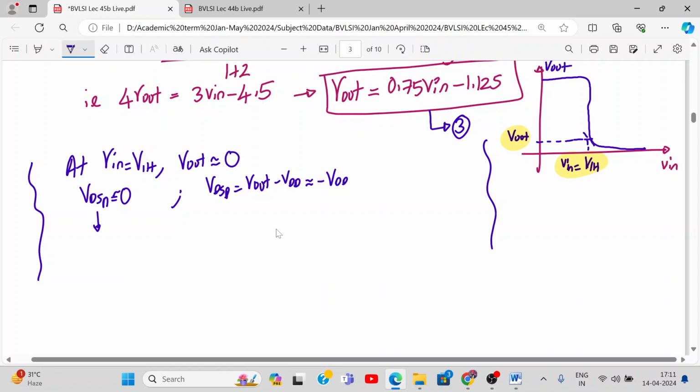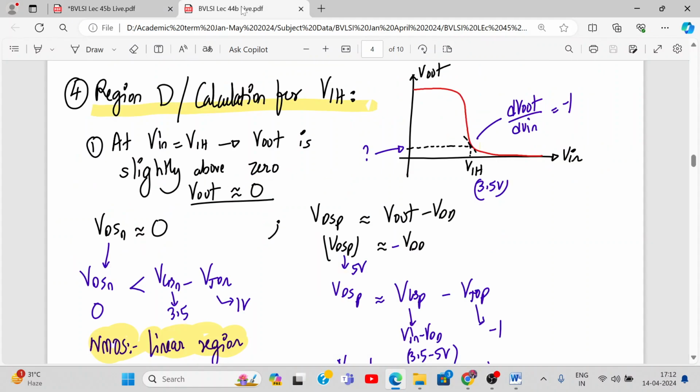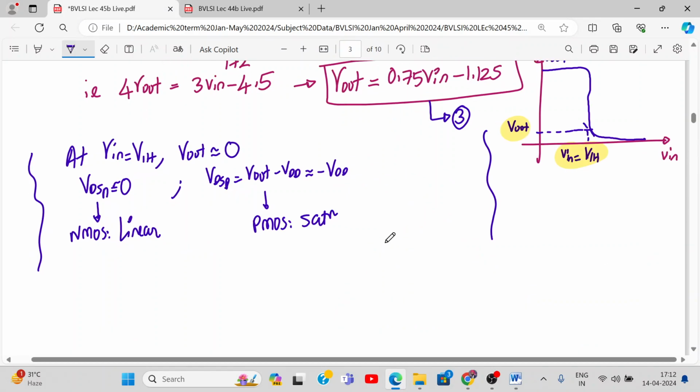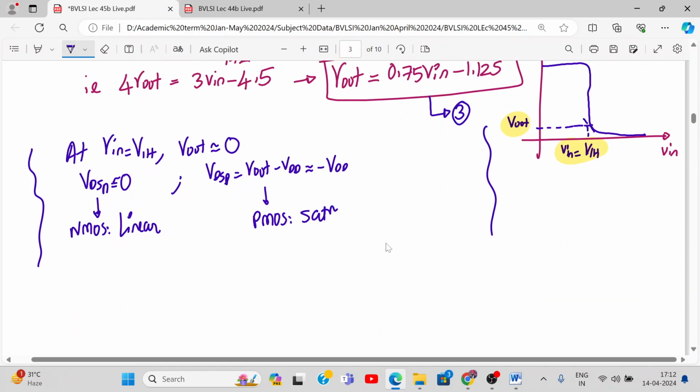Okay, so that means this NMOS is in linear region, and since VDSP is almost equal to minus VDD, this PMOS is in saturation. You can work it out why it is in saturation. So this NMOS is in linear, PMOS is in saturation. Once we decide this, now we have to equate the currents. So IDP sat is equal to IDN linear.